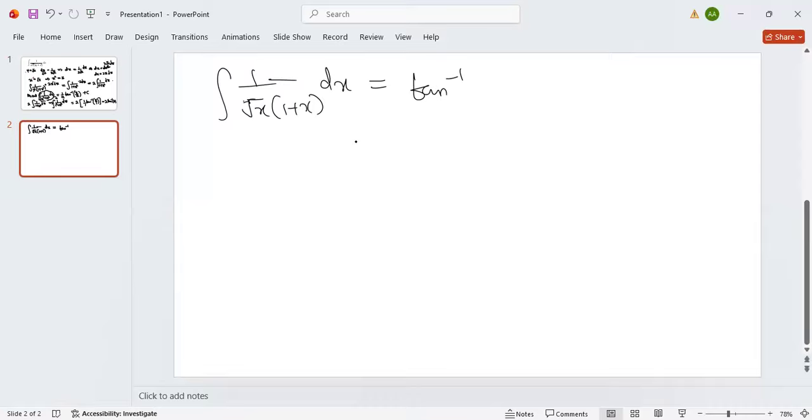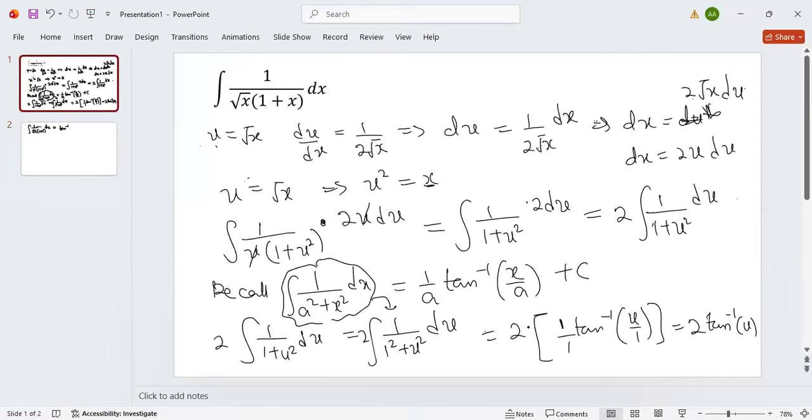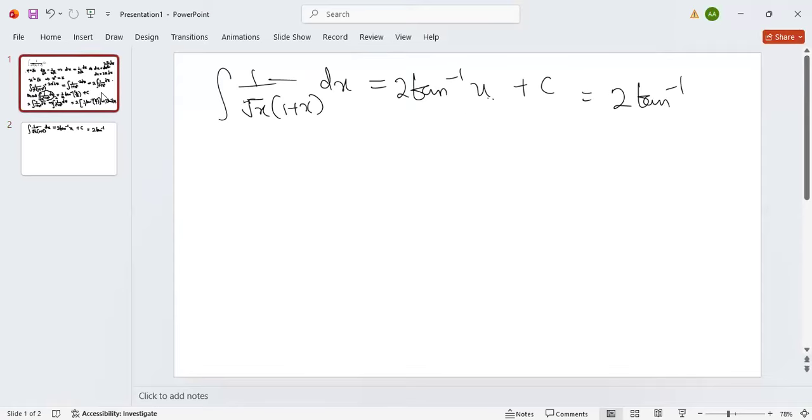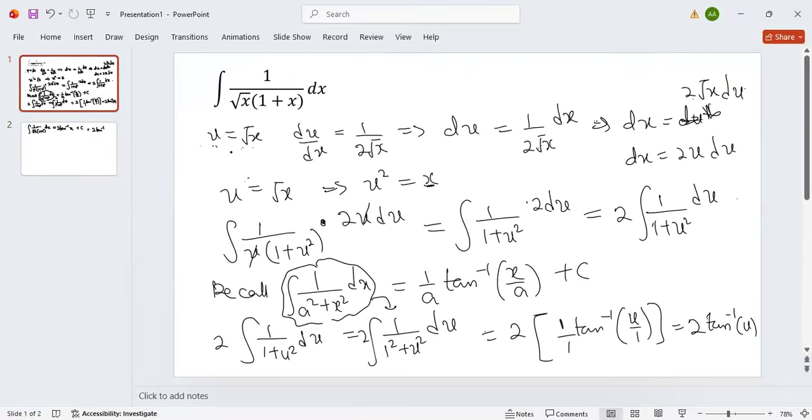2 arctan u plus c. Don't forget that we have this 2. Now we replace the u with what we had originally, since we are working with x. u is equal to the square root of x.